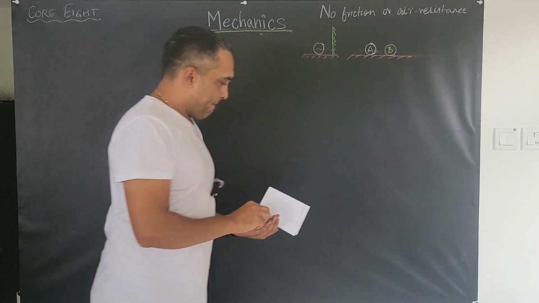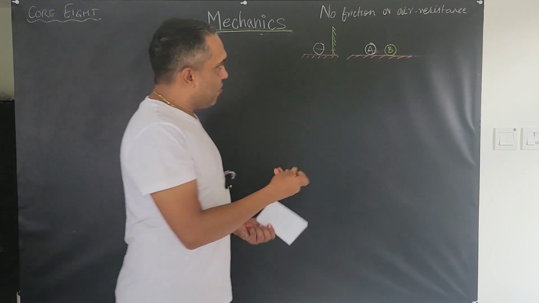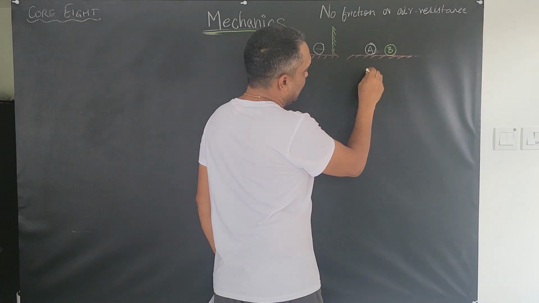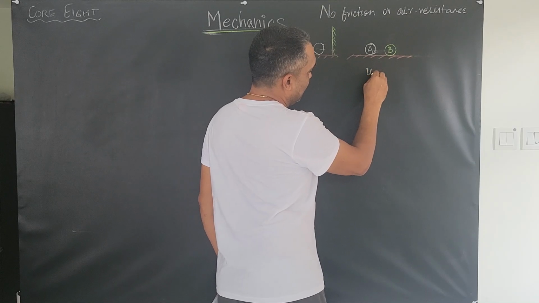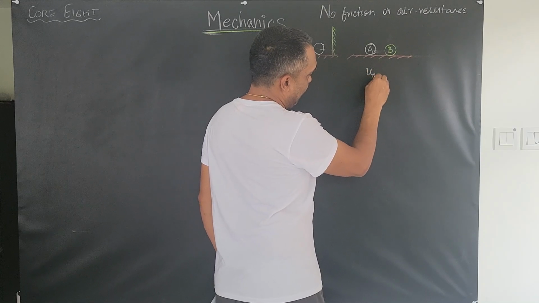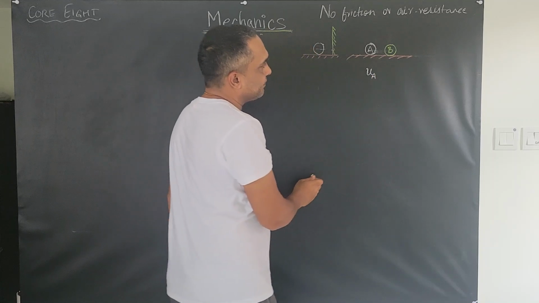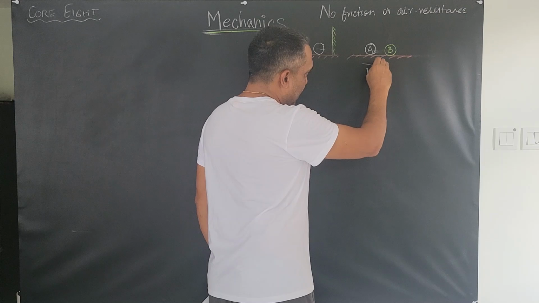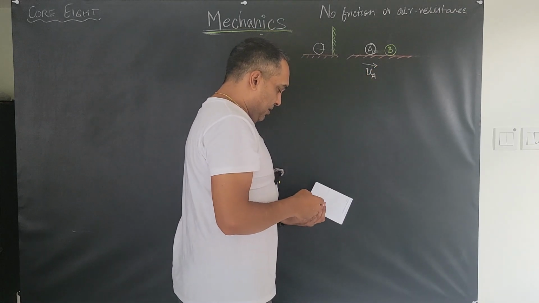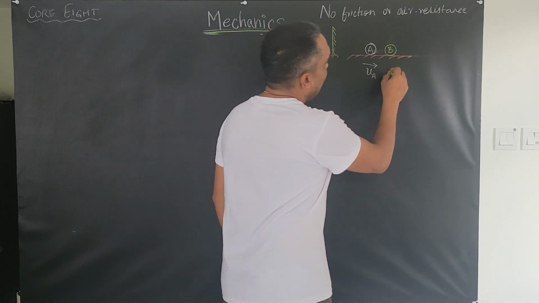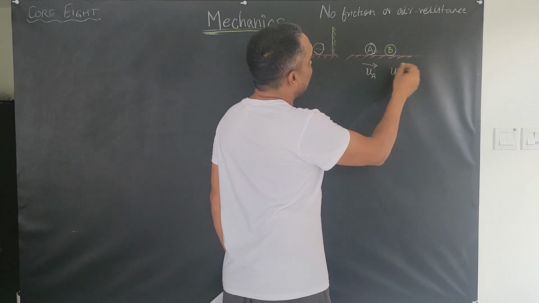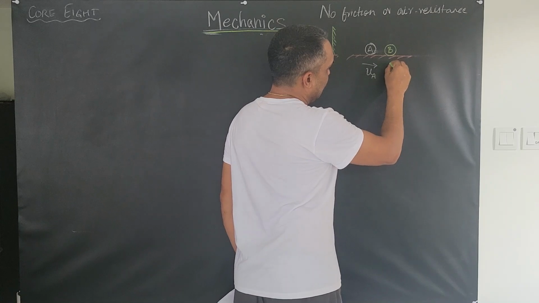It's A and B, and we could have a scenario where A had a particular velocity coming in, U of A, right? And maybe it had one direction. And you could have a U of B, and maybe it had another direction, like that.